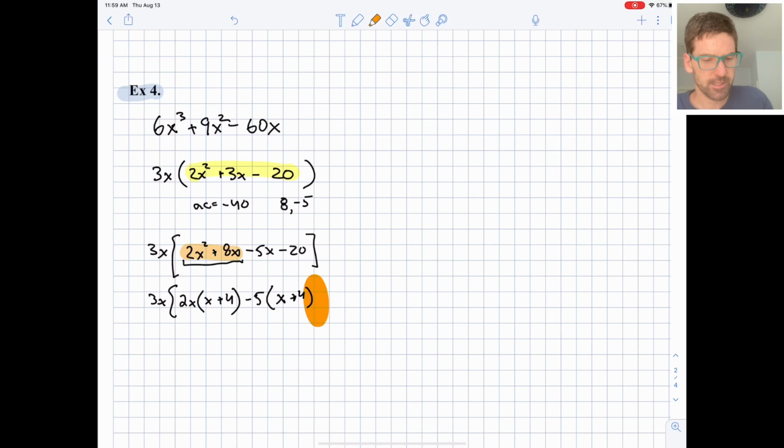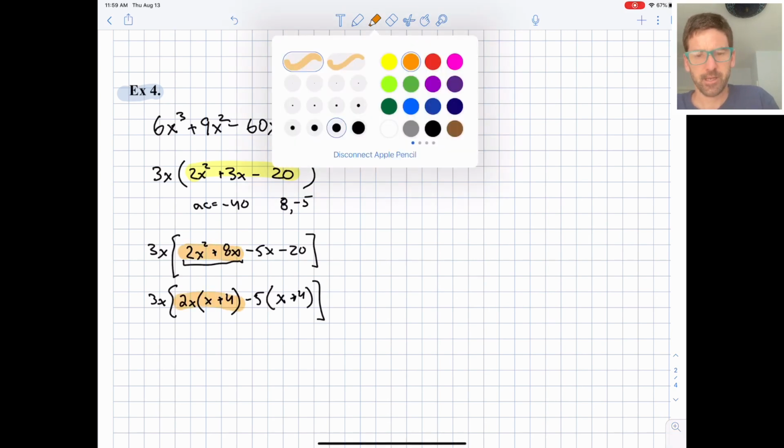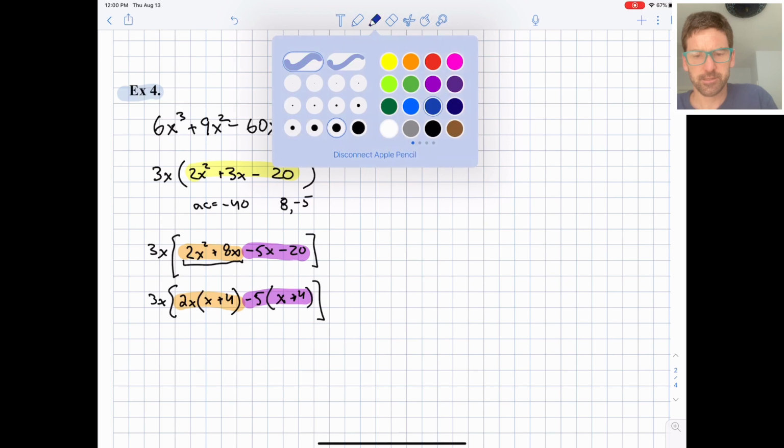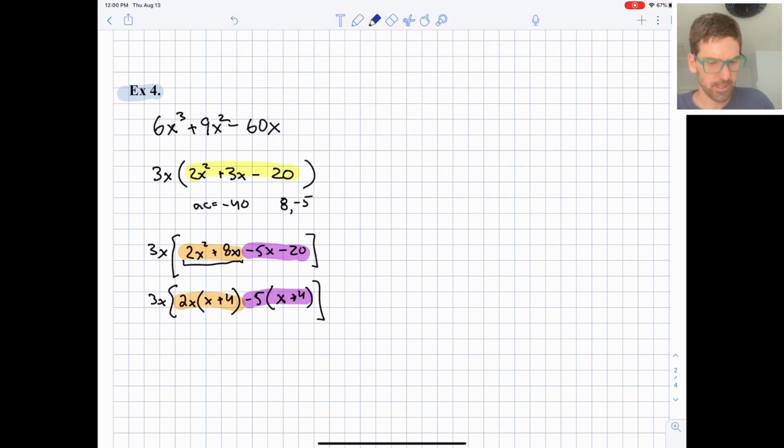I factored out a GCF here, and I got that. And then I factored out a GCF of negative 5 here, and I got that. And the lucky thing is, that I'll try to highlight in blue, is those two terms are the same. The x plus 4's overlap.